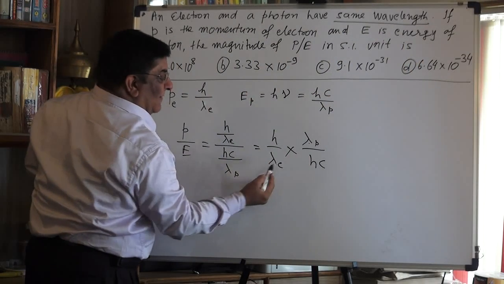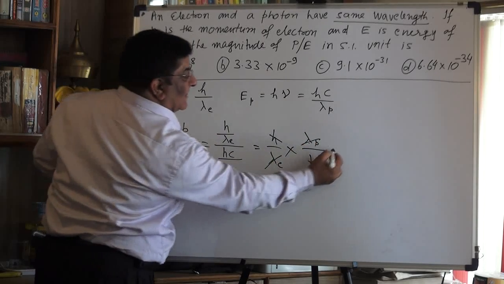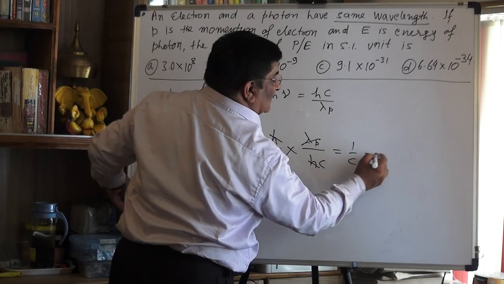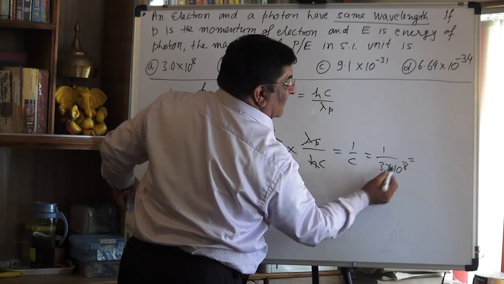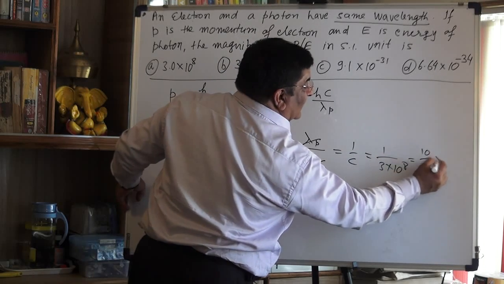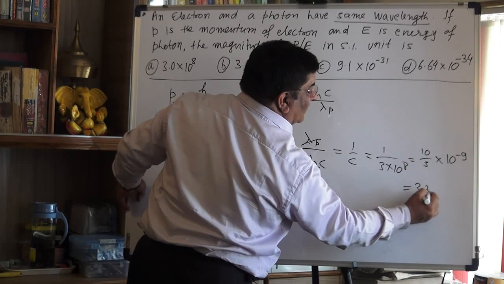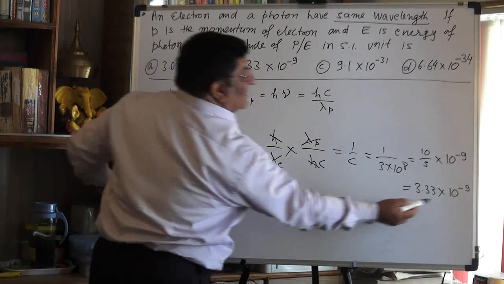That means these two are the same and can be cancelled. h is also cancelled. So what we get here is 1 upon c. 1 upon c is equal to 1 upon 3 into 10 to the power 8. This can be written as 10 upon 3 into 10 to the power minus 9. This is equal to 3.33 into 10 to the power minus 9.